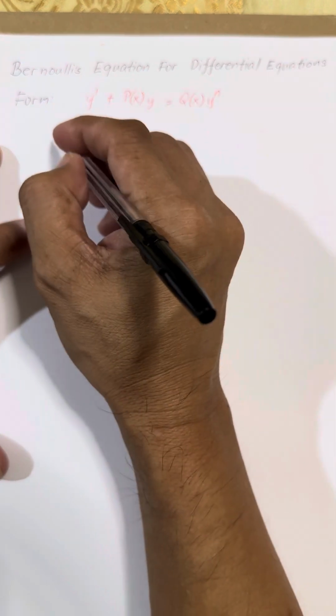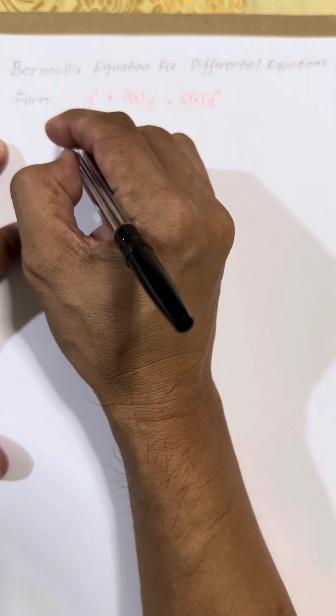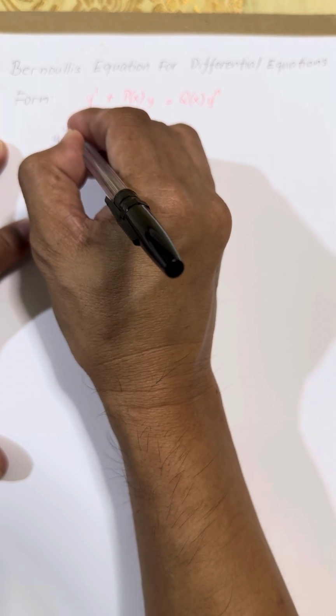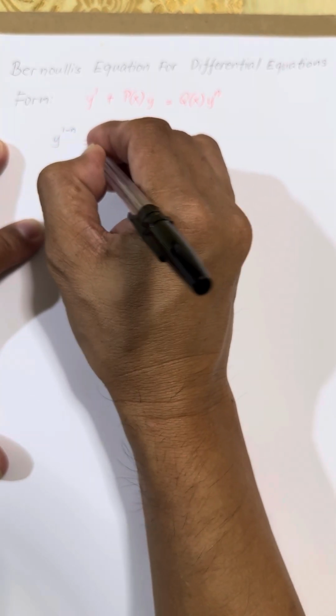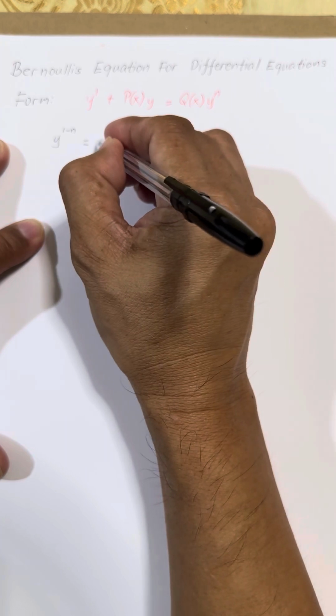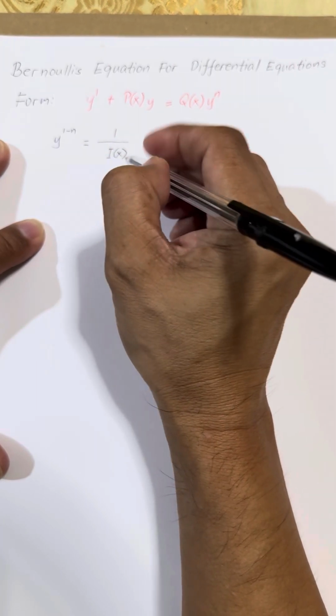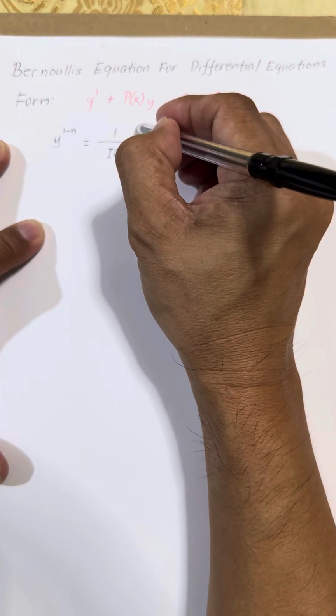given formula. The formula in solving this equation is simply y raised to the power 1 minus n equal to 1 divided by I of x. So this I of x is what we call the integrating factor.